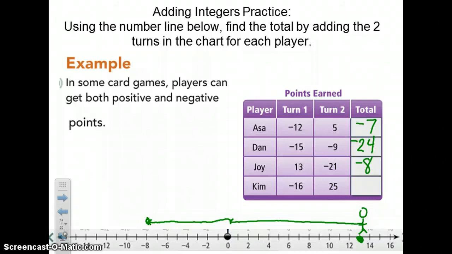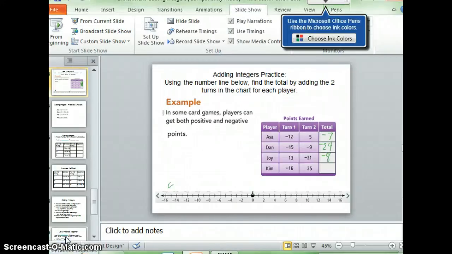Okay. Now Kim. Kim is at negative 16, which is down over here. It's off my board a little bit, but, whoops, sorry about that.